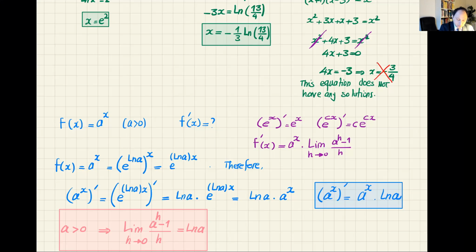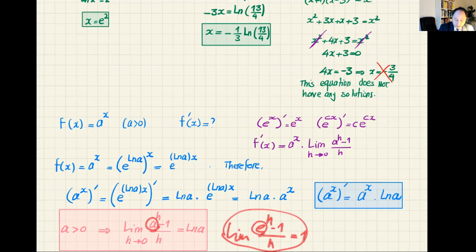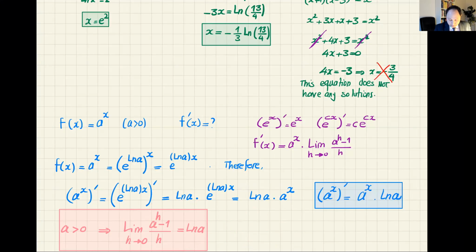Okay, and then do you remember that I told you that if this a is e, do you remember what was this limit? This limit was 1. Actually, this is the definition of the Euler number. And here, this is also consistent because if you write ln of e is equal to 1. So this is also good to remember that this is also a very important limit.